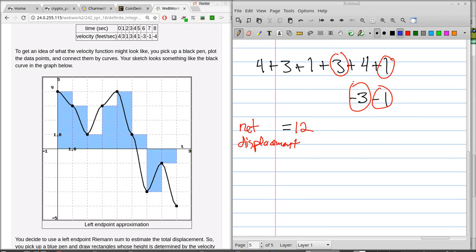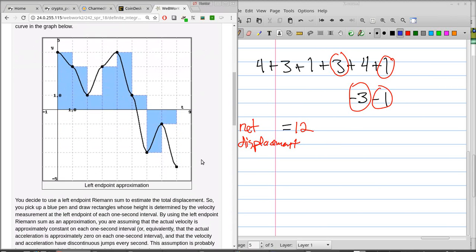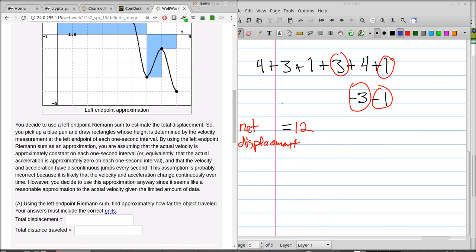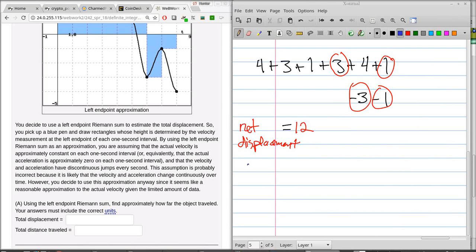And what's the other thing that it wants? It wants the total distance traveled. So that's the integral of the absolute value. So that means you count all those rectangles positively. So that would be 12 plus this extra 4 down here, which would be 16.